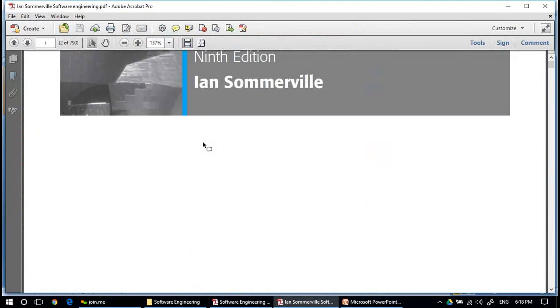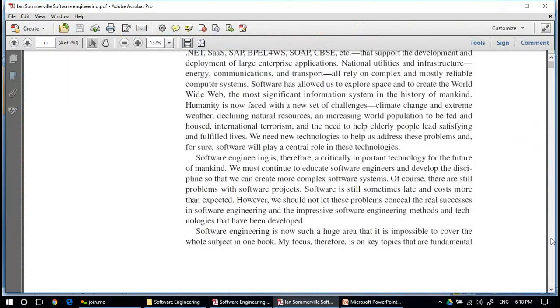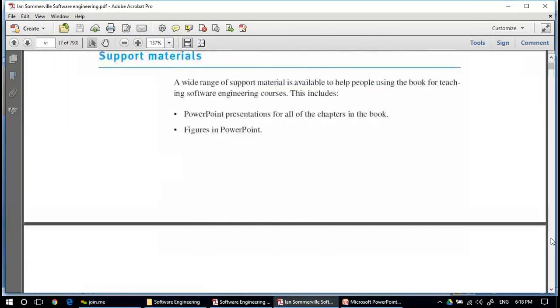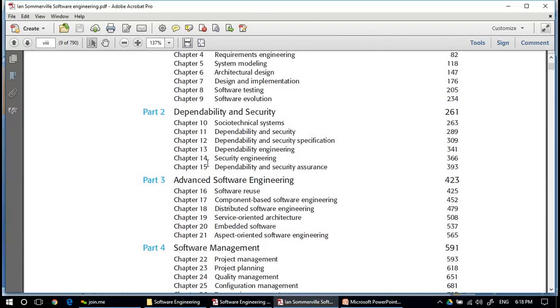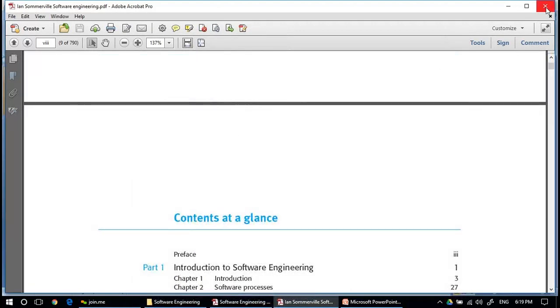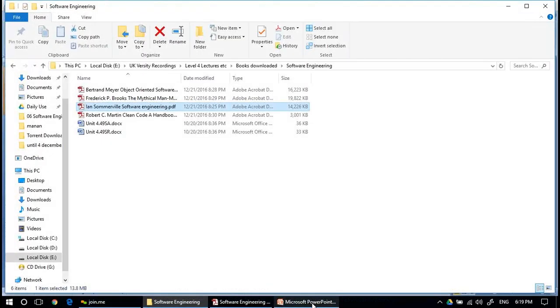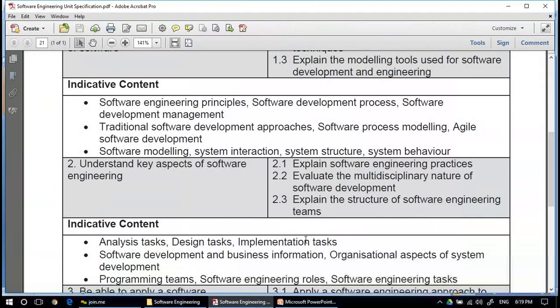It is a textbook for software engineering, and in it you would find certain key chapters or sections, like Part 1 Introduction to Software Engineering, Introduction, Software Process, Agile Software Development, Dependability, Security, Advanced Software Engineering, Software Management, and these things. So before you start the software engineering unit, you should have a look at the book, or one of your friends for the unit should be the software engineering book by Ian Somerville.